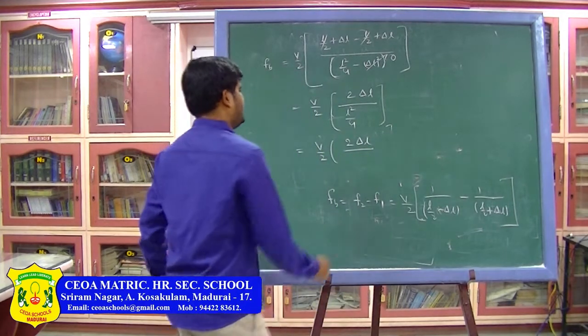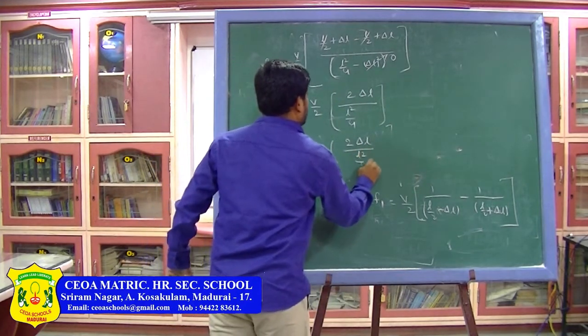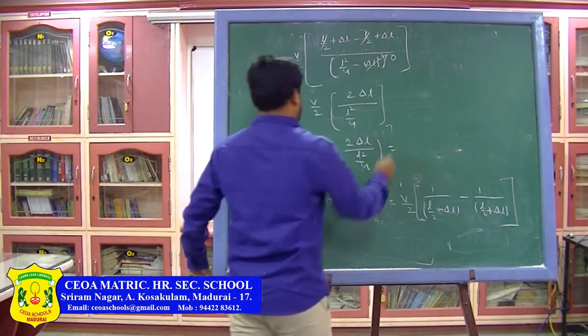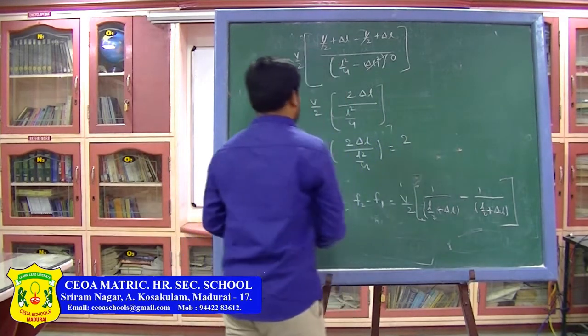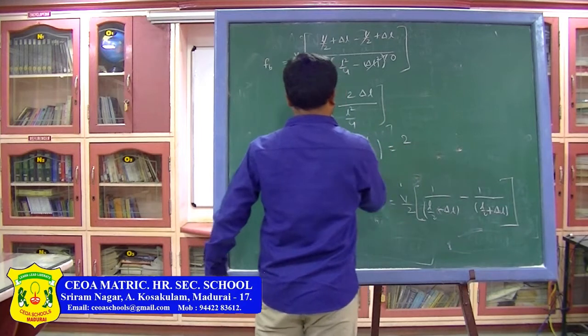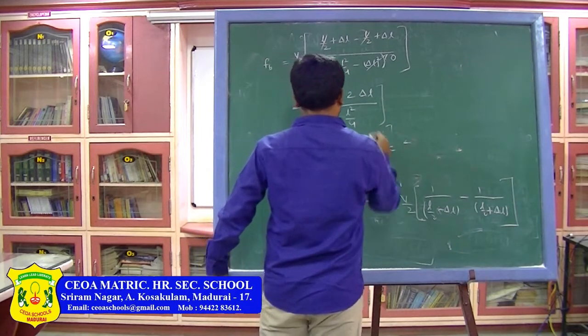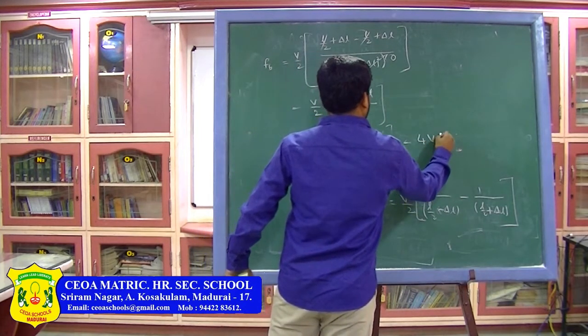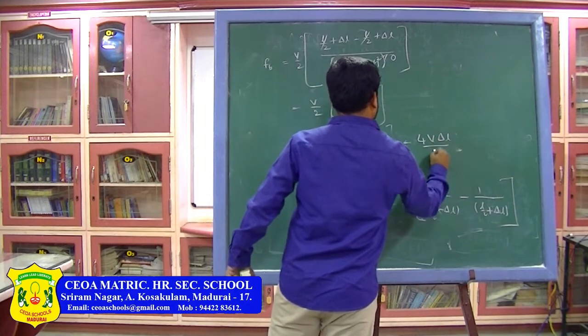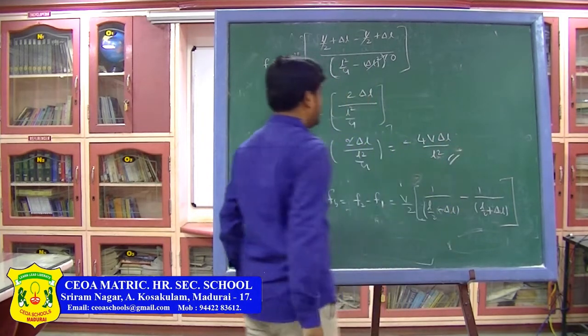Here the 2 cancels, and it will be 4 V delta L by L square. This is the beat frequency.